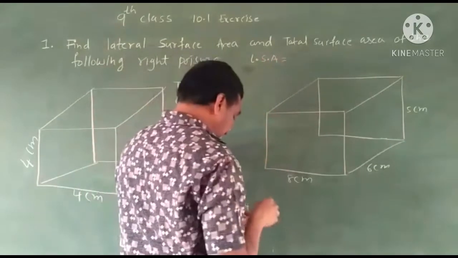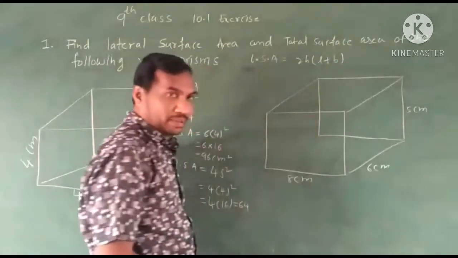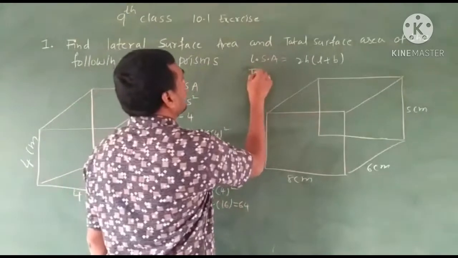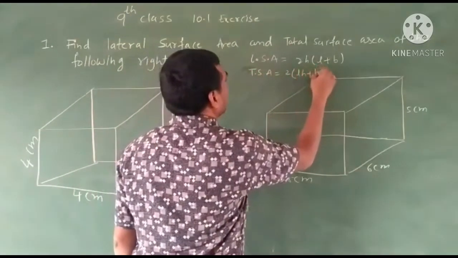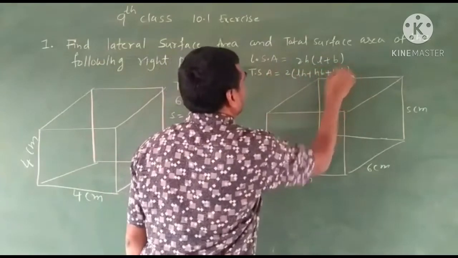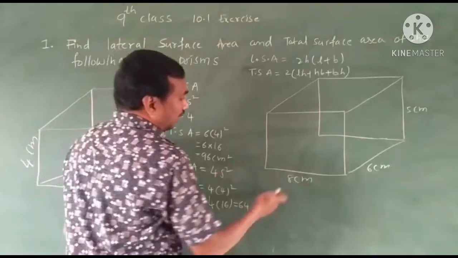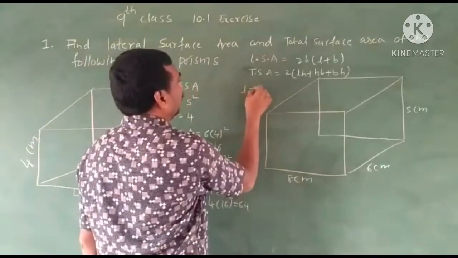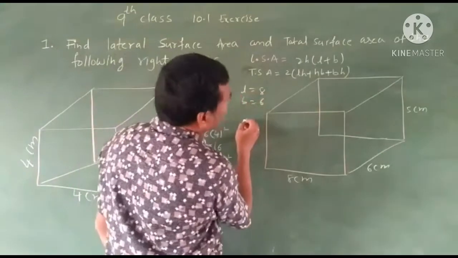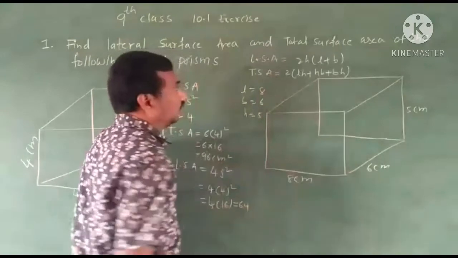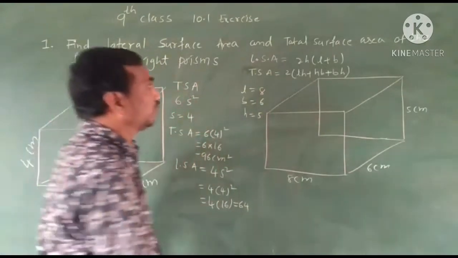LSA of a cuboid is 2h into L plus B, and total surface area is 2 into LH plus HB plus BL. Now here we have L equal to 8, B equal to 6 and H equal to 5. So now we just substitute the values in 2h into L plus B.